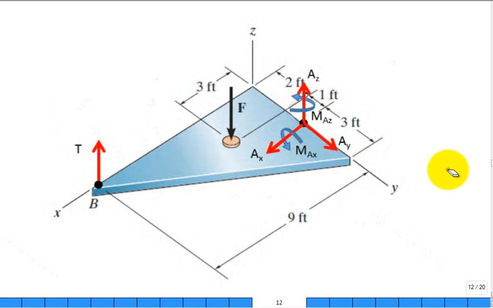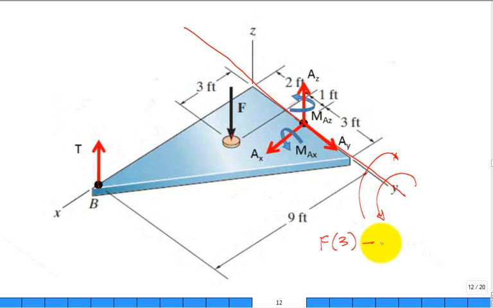That's extremely insightful. So if you do the sum of the moments around the y-axis, going through point A, we have in the positive sense F times a moment arm distance of 3 foot, and this tension, it will give it in the negative sense, negative tension times a moment arm distance of 9 foot.